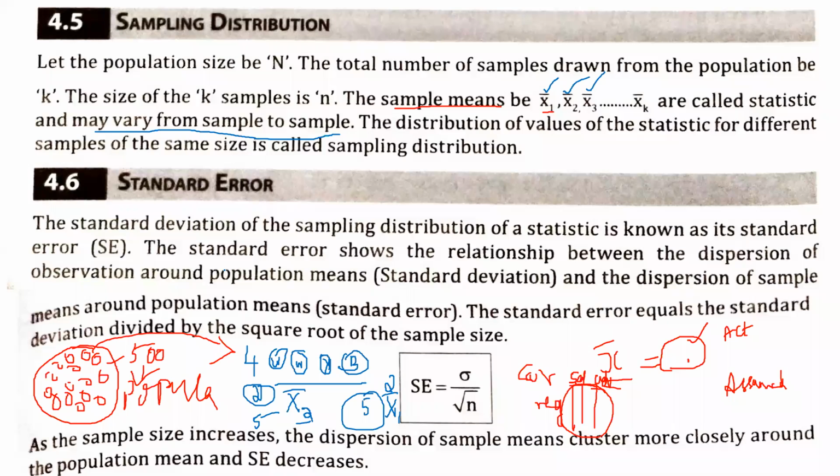Okay. Now, this sample mean, whatever we saw here, that is called a statistic. It is a benchmark for me, a deciding criteria from the sample, from what we are collecting.